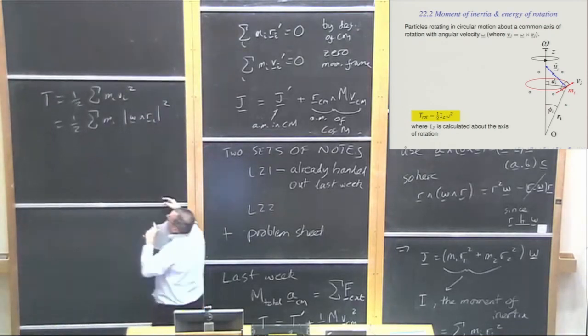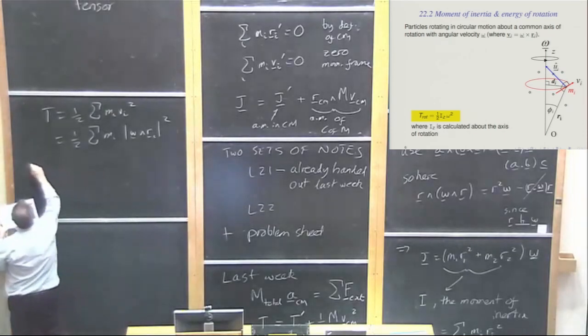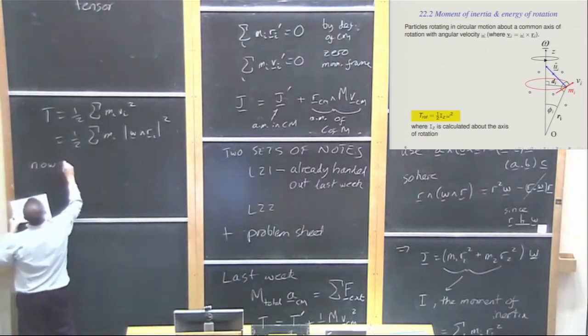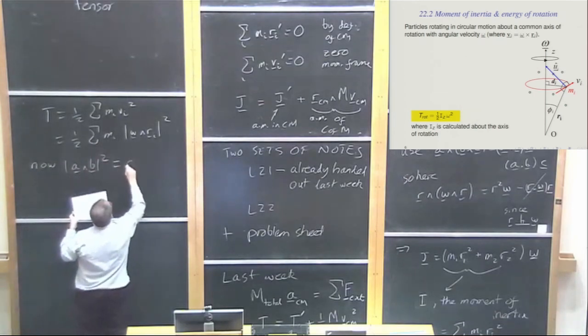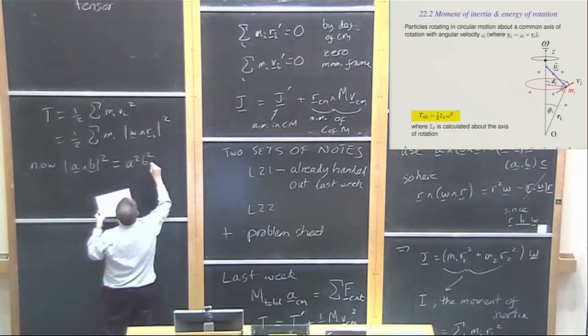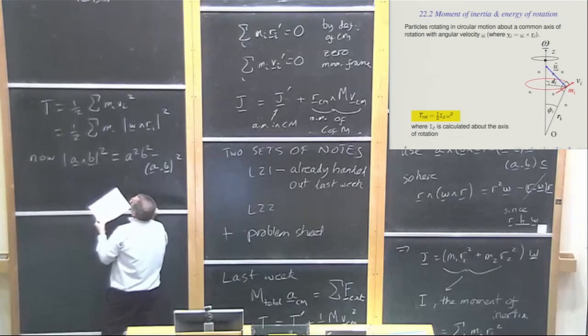But again, we have a nice vector identity, which is that (A cross B) all squared can be written as A squared B squared minus (A dot B) all squared.